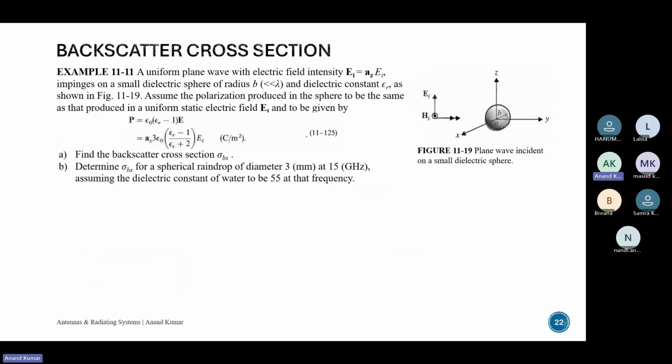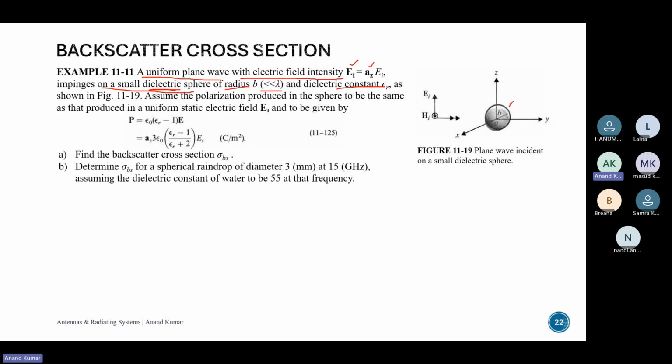So we'll do this example now. This question says a uniform plane wave with electric field intensity EI, which is oriented in the Z direction, impinges on a small dielectric sphere, notice dielectric sphere, of radius b, which is much smaller than the wavelength of the incident wave, and the dielectric constant epsilon r, as shown in this figure.